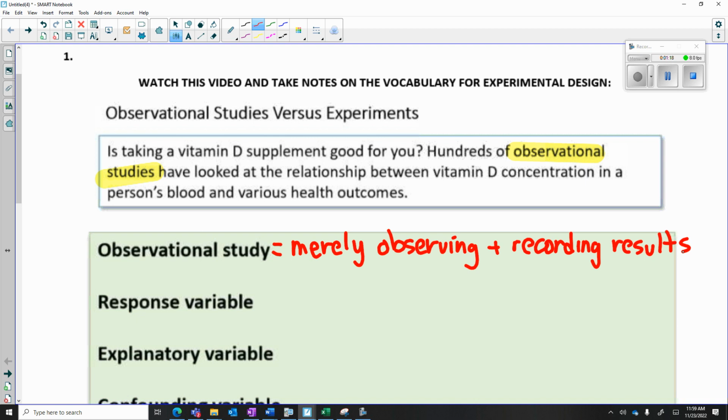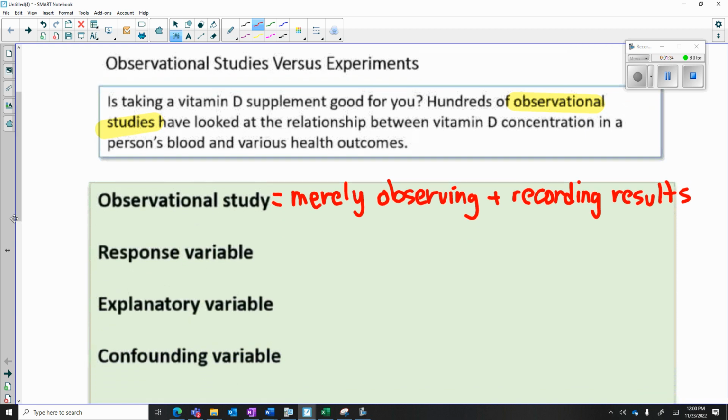So basically people may be reporting that they take vitamin D, and then they may be reporting that they had better health and better blood results. In this situation, there is no manipulation of the person who's taking the vitamin D. The people, who are called subjects, are reporting that they take vitamin D, and they're also reporting about their blood and their health, but we're not manipulating them in any way.